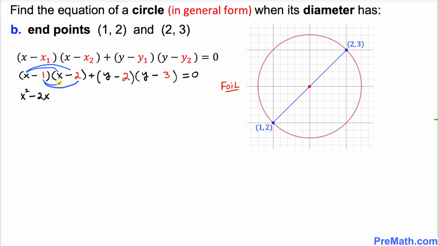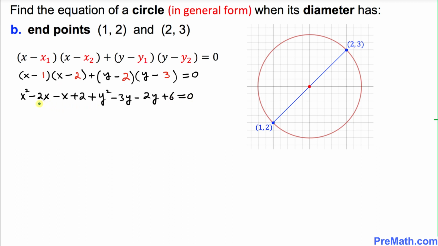So that is going to give us -1x, and -1 times -2 is going to make +2, plus likewise we're going to do the FOIL method over here once again: y times y and y times -3, and double distribution. So we can write y squared minus 3y minus 2y plus 6 equal to 0.